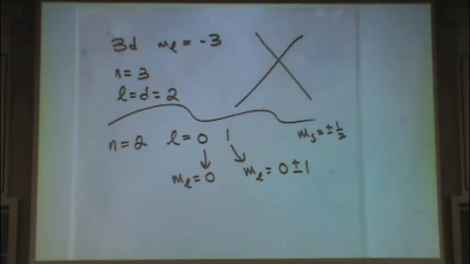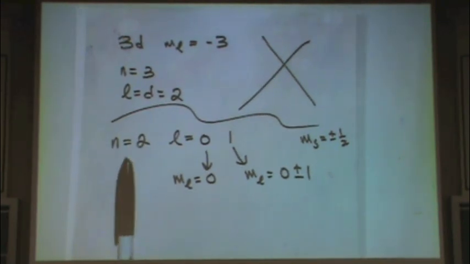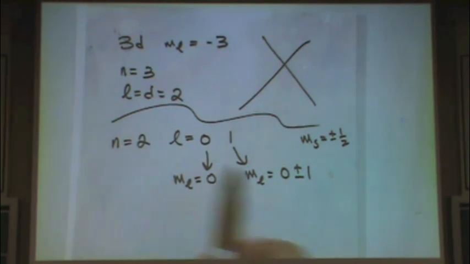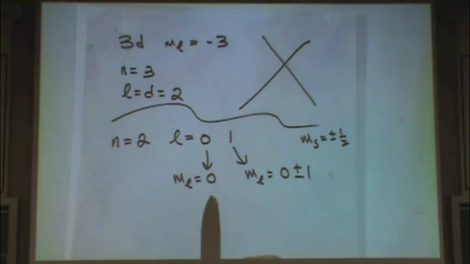So another type of question would be, for n equals 2, if you're given this number, how many electrons can go into that energy level? So in order to count that, basically it's based on the number of m sub L values that go with, in this case, n equals 2. So how many total m sub L values have I written down so far? Well, I've written 3 here, and 1 more here, a total of 4.